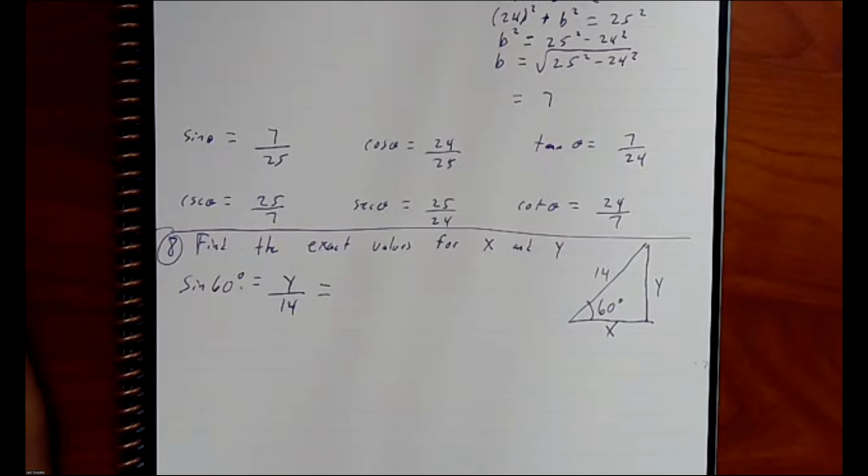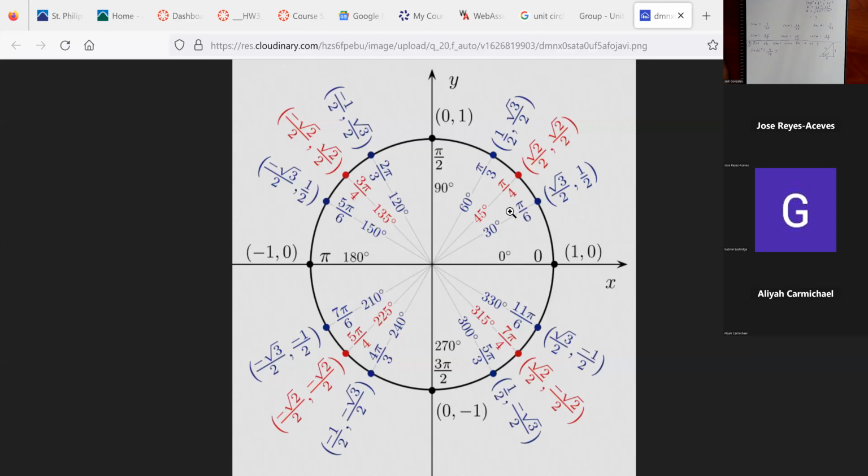So let me go over it because I don't remember if we went over it or not, but just in case. Let's talk about the circle again. If a question is asking you for sine of a specific angle, sine of any angle would be any of these y values. So if we're doing 60 degrees, then that's square root 3 over 2.